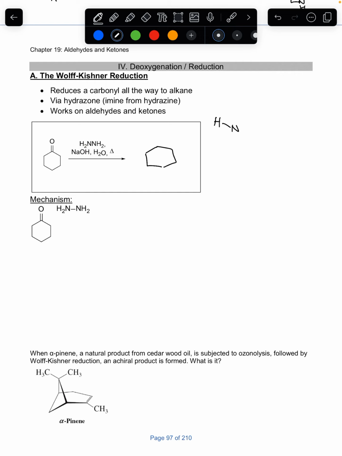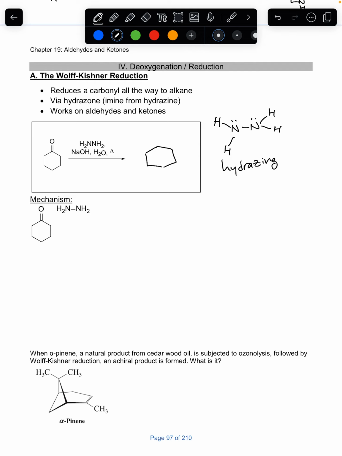It's like an ammonia on steroids in terms of nucleophilicity, because two nitrogens that are nucleophilic are attached to each other, sort of upping the electron density of both. So it's a very strong nucleophile.